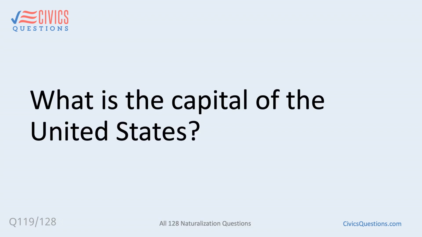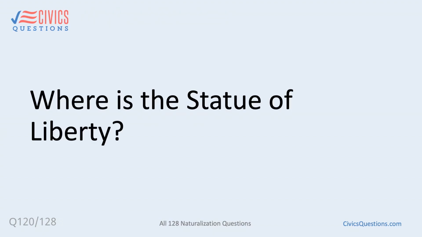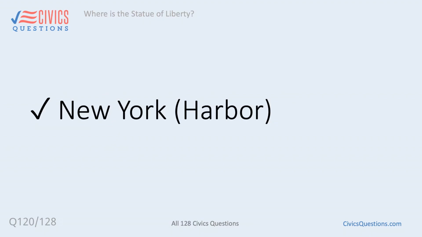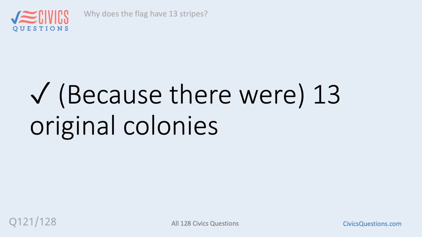Symbols. What is the capital of the United States? Washington, D.C. Where is the Statue of Liberty? New York Harbor. Why does the flag have 13 stripes? Because there were 13 original colonies.